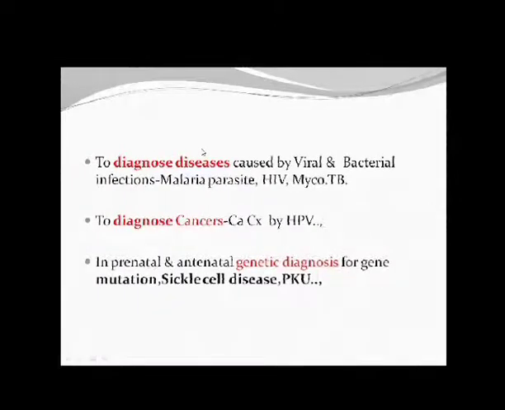It is also used to recognize diseases caused by viral and bacterial infections like malaria parasite, HIV and tuberculosis, to diagnose cancer, and in prenatal and antenatal genetic diagnosis for gene mutation, sickle cell disease, and phenylketonuria.